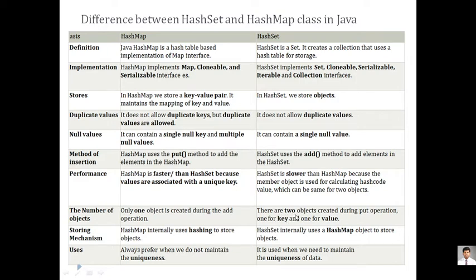So automatically two objects are created in hash set. But in hash map, only one object because you are providing key, you are providing value, so an object. So 50% reduction. So 50% reduction means what? Performance automatically increases. We are creating fewer objects for the purpose of executing.